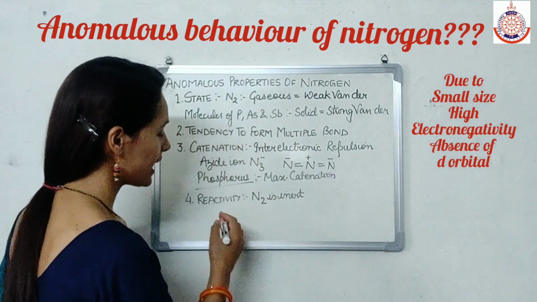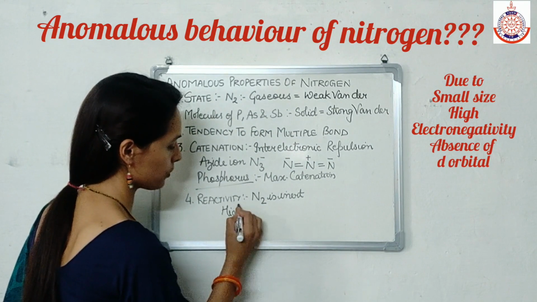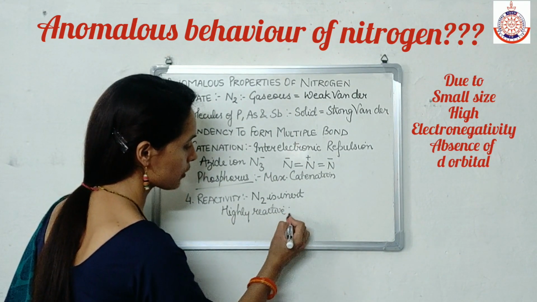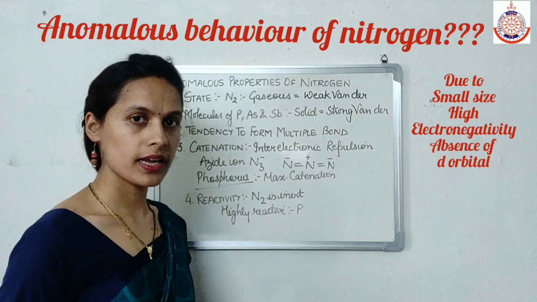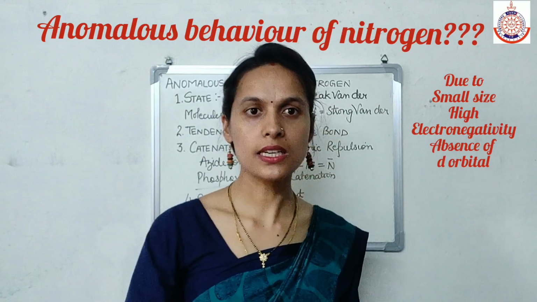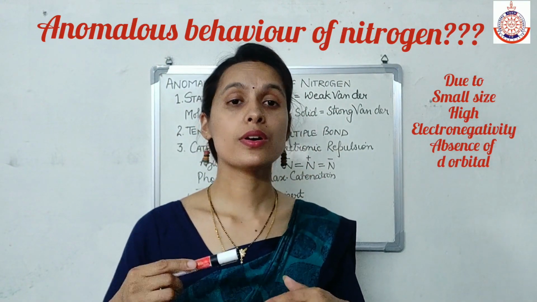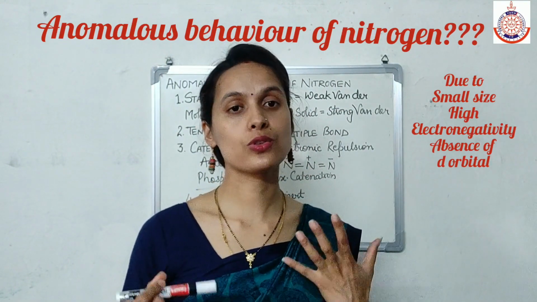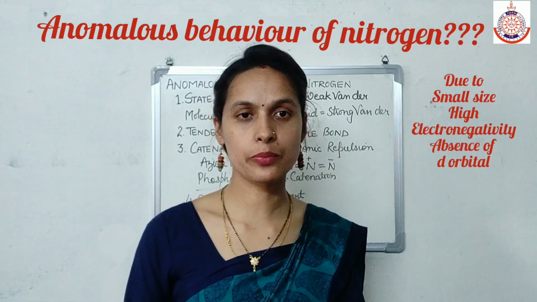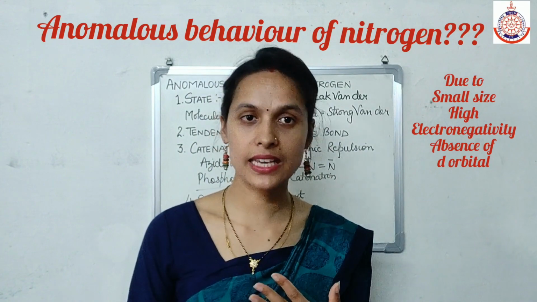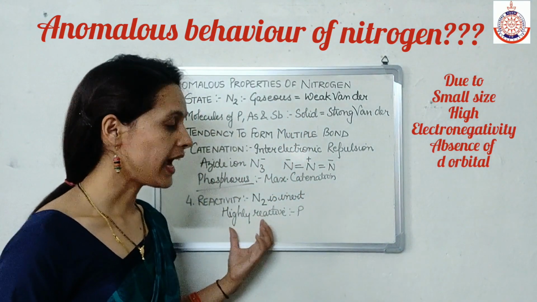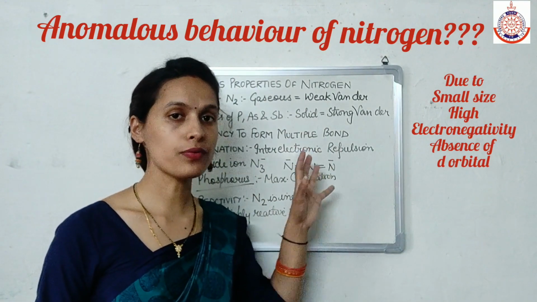It means the most reactive element of this group is phosphorus. Clear? Otherwise, what is the trend? On moving down the group, reactivity decreases, but due to inter-electronic repulsion or due to the presence of multiple bonds, nitrogen behaves as an inert gas, and phosphorus acts as the highly reactive element of group 15.